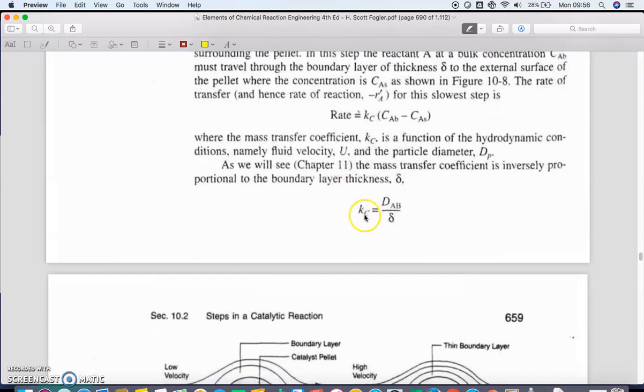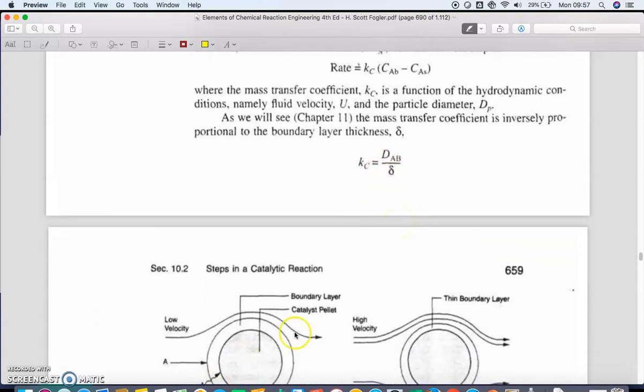So what is Kc? Kc also can be described as DAB over delta. I hope that you highlight these equations because this is very important. It will be used throughout CRE2. DAB is actually the diffusion coefficient of your reactant A and also product B. So delta is actually the thickness of your boundary layer, right?